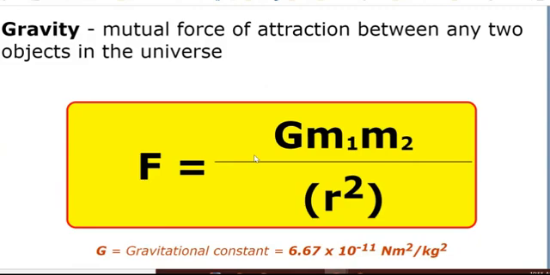It's the third law. One of Newton's three great laws: when object A exerts a force on object B, object B exerts a force on object A. If I exert a force on Earth, the Earth exerts a force on me. How do those two forces compare? Equal and opposite.